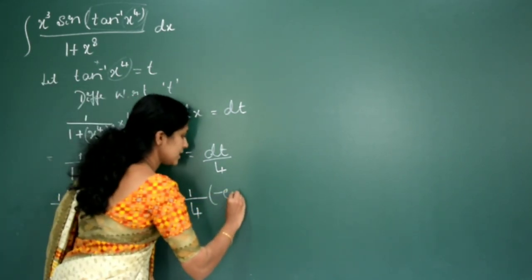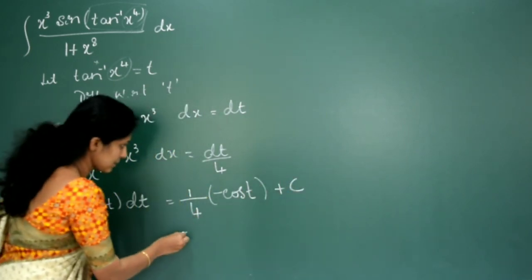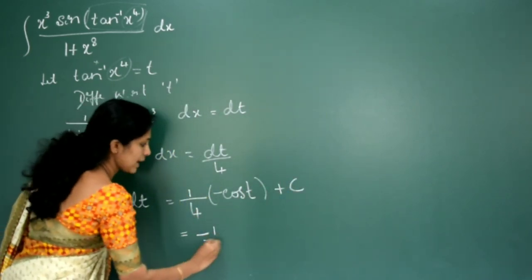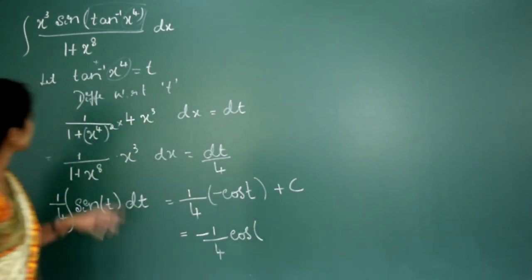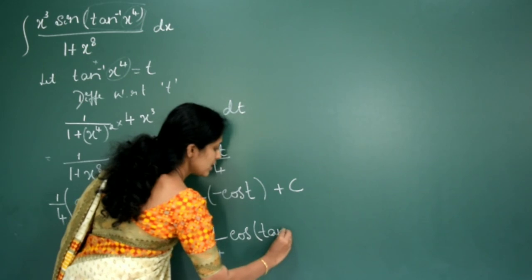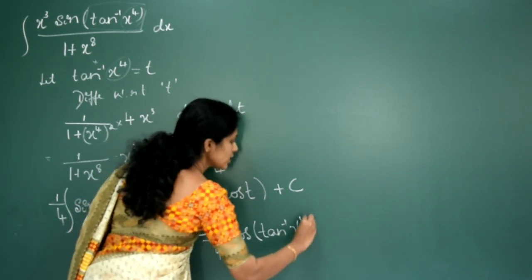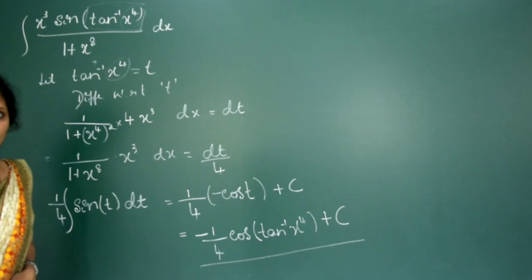So this is now minus cos t plus c. That is nothing but minus 1 by 4 cos of t, where t is equal to tan inverse of x to the power 4, plus c. Okay, complete all the problems and practice.